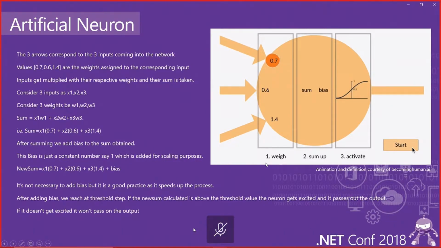After adding the bias, we reach the threshold step, and if the new sum calculated is above the threshold value, the neuron gets excited. So it means it passes the value out to the output. Otherwise, it doesn't.